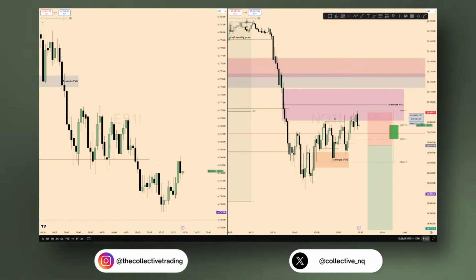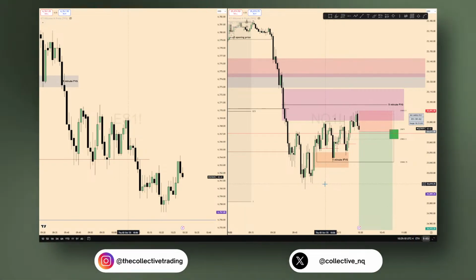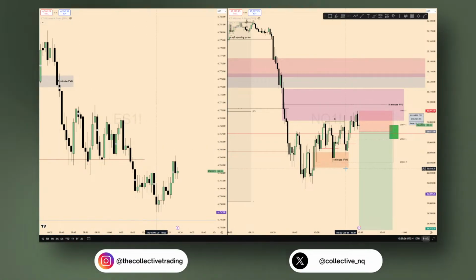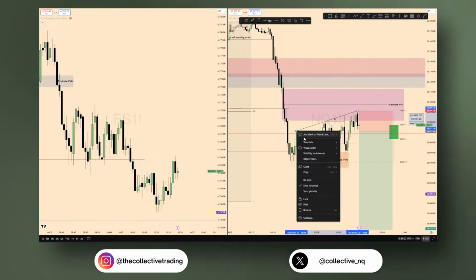Hold on, there should be something here with better risk. So ES weaker than NQ. There's a bit of an SMT. This is kind of a weird one.